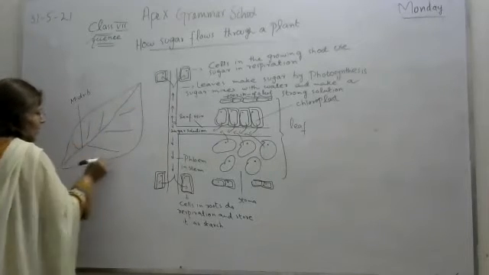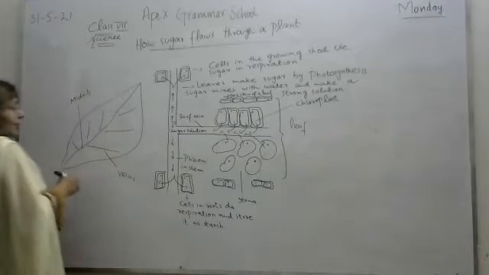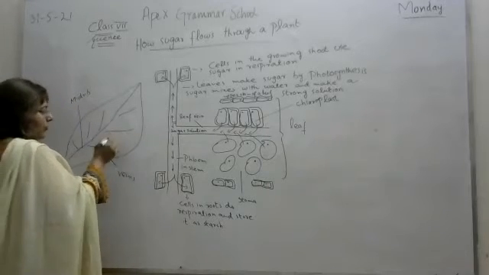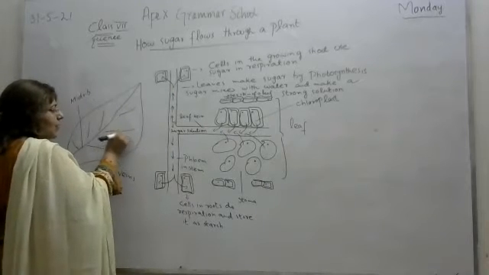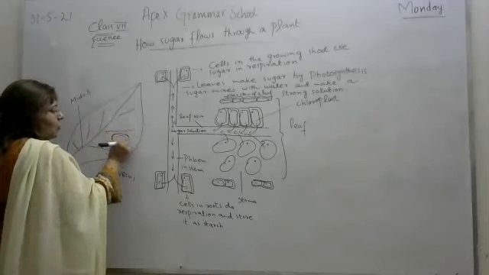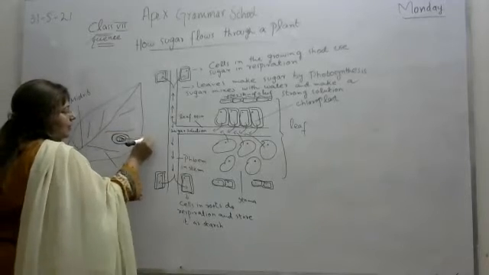These thin lines are called veins. There is a chemical present in the leaf which is called chlorophyll, and all these have mesophyll cells. These mesophyll cells have a large surface area. Inside it, this is a mesophyll cell.